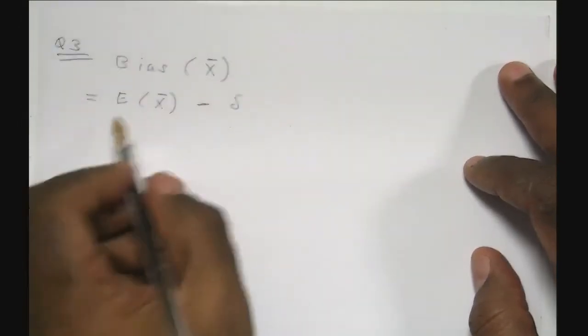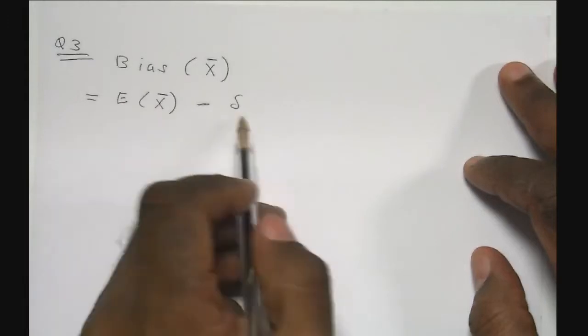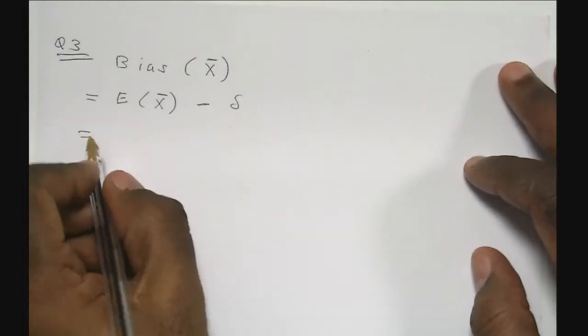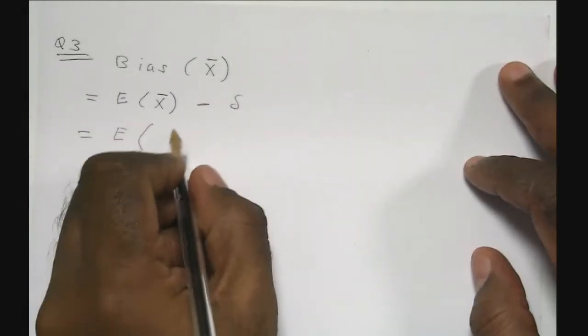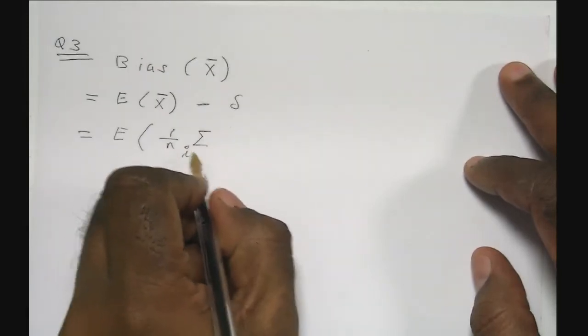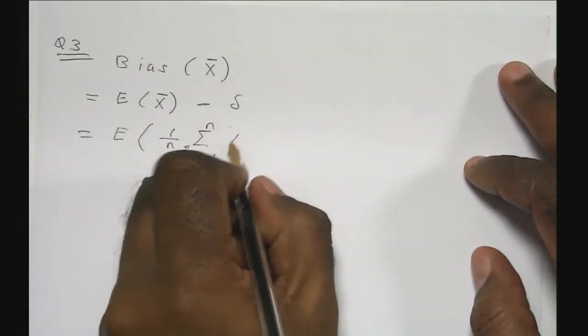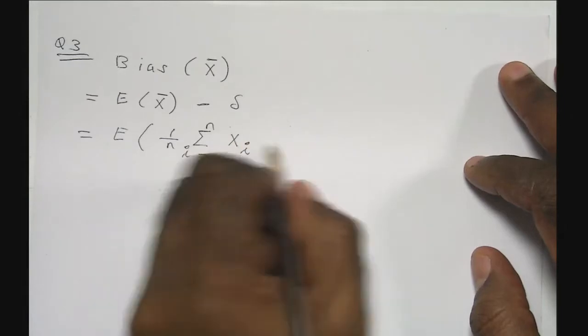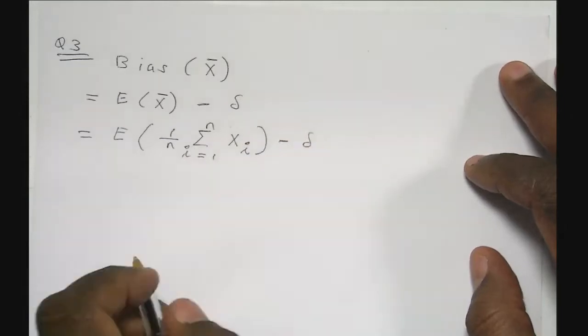By definition, the bias is this minus this.